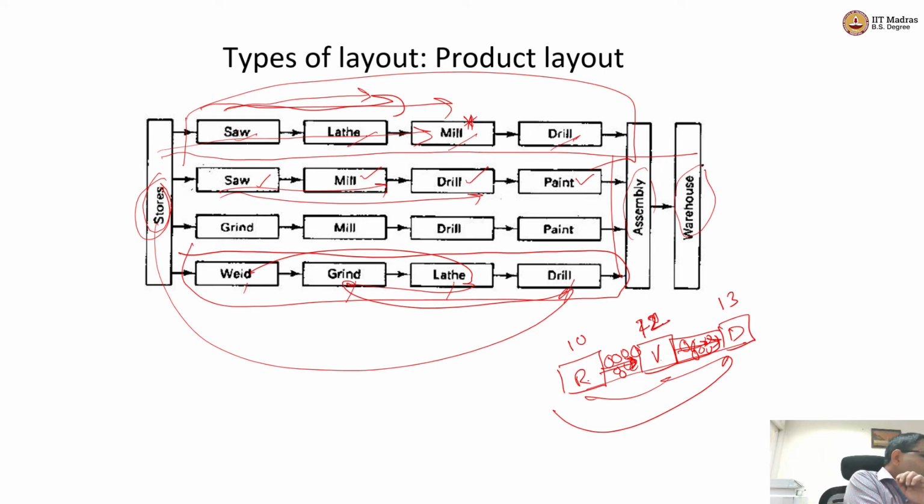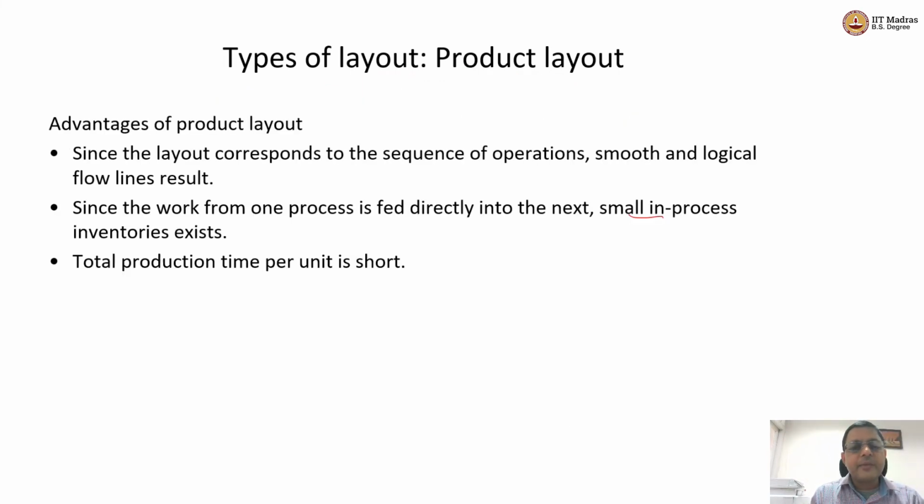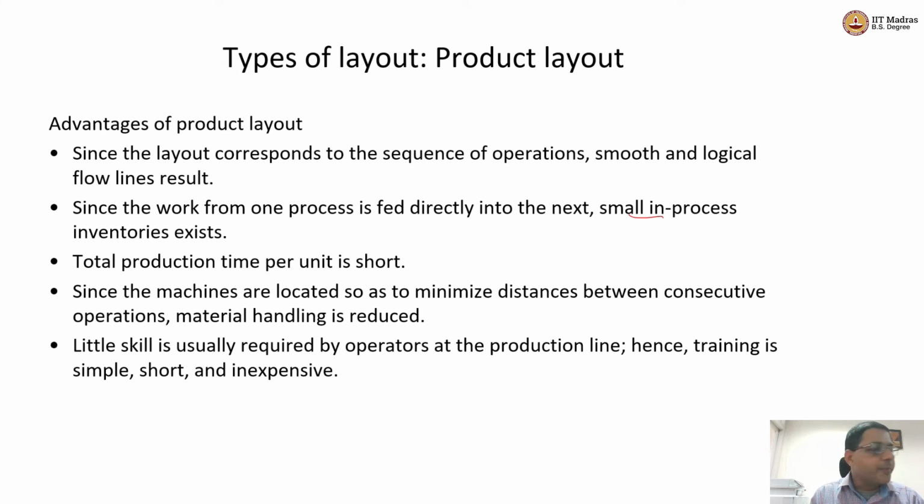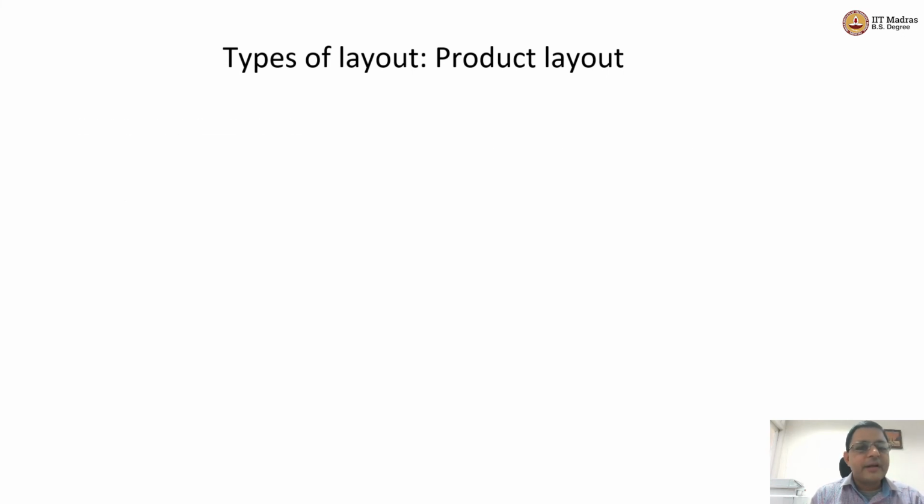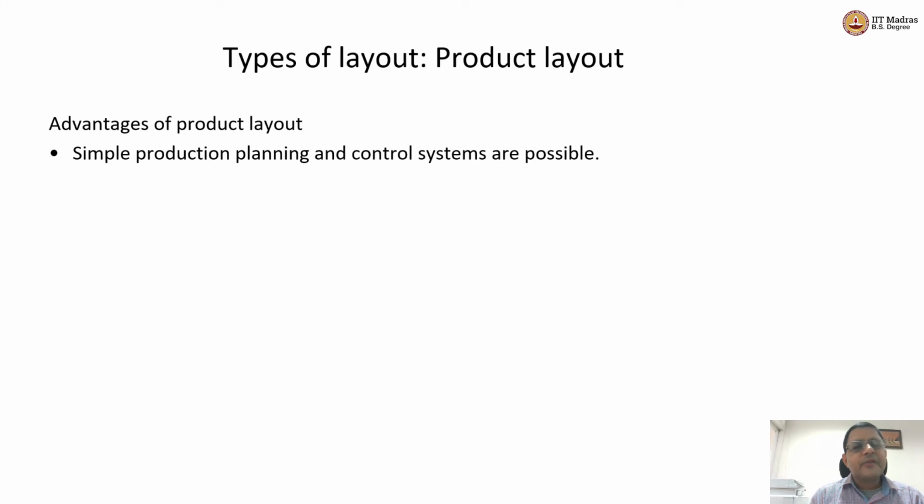So this milling machine operator knows that they are going to process only one type of product. So they become expert very quickly, and therefore the training requirements are much lesser in a product layout. Further advantage of product layout, very simple production planning and control, because the layout itself is quite simple.